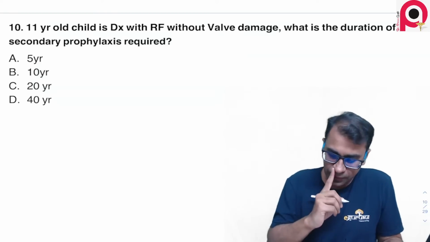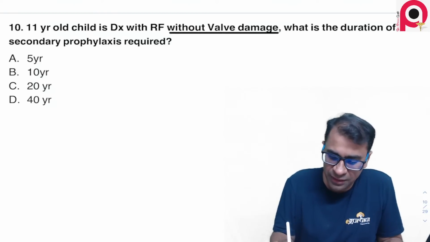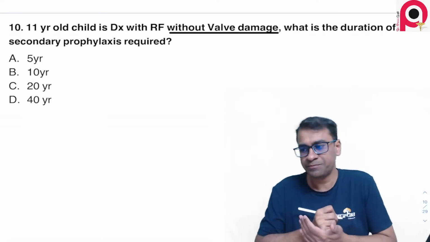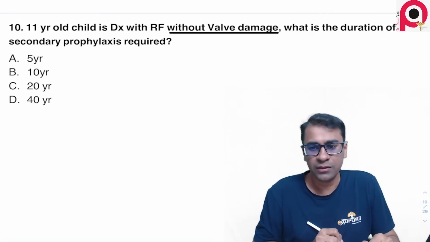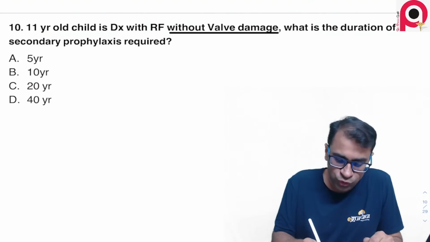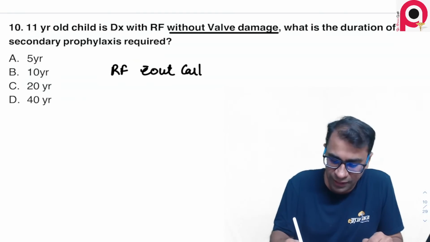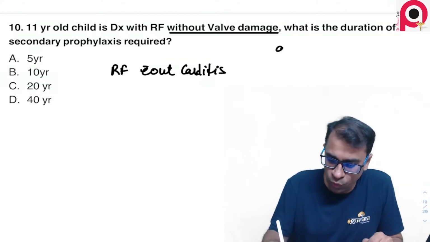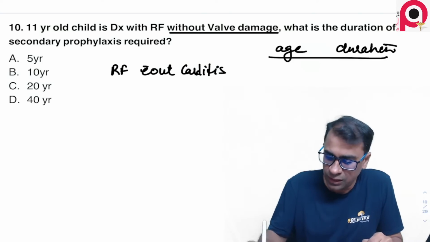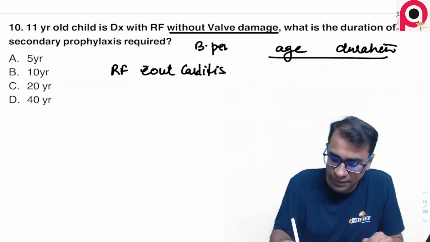Well, remember, when there is no valve damage, the answer should be very clear. You should read it as rheumatic fever without carditis. Up to what age or what duration you must give the treatment. Remember, the treatment given is benzyl penicillin.